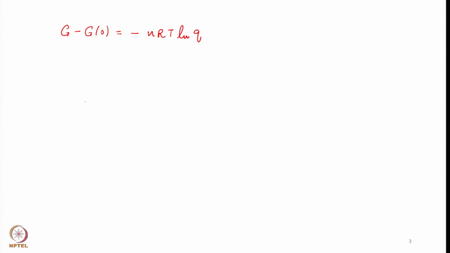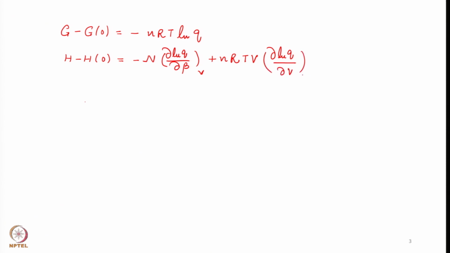The other equation is H minus H0 is equal to minus N del log q by del beta at constant volume plus nRTV del log q by del V at constant temperature. These are the equations that we need.